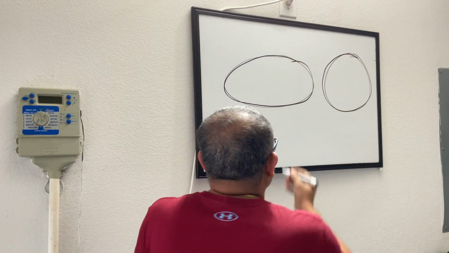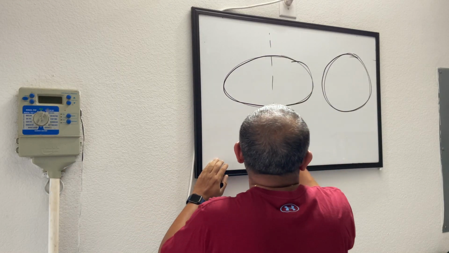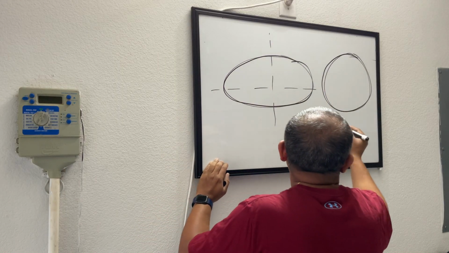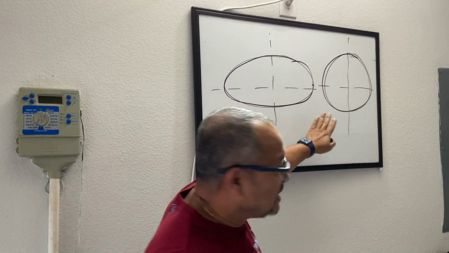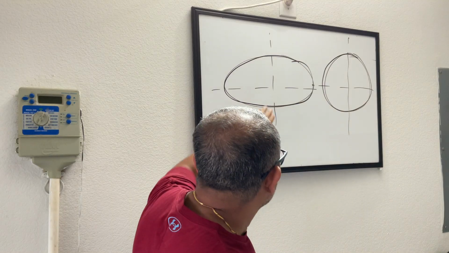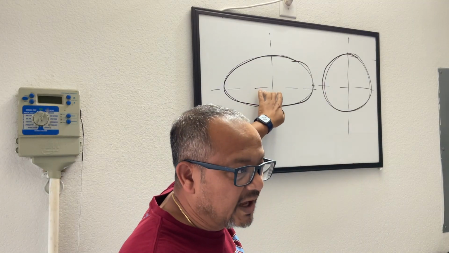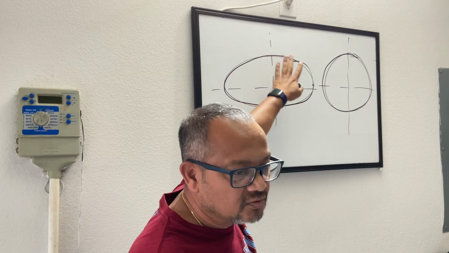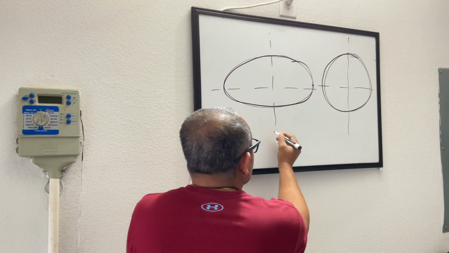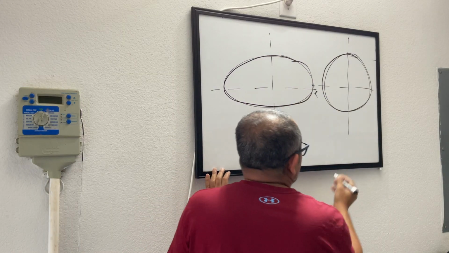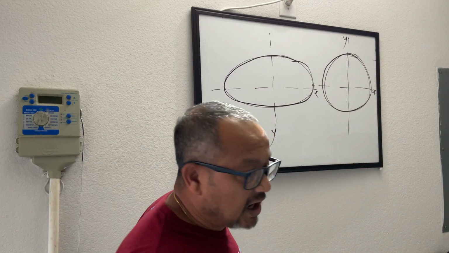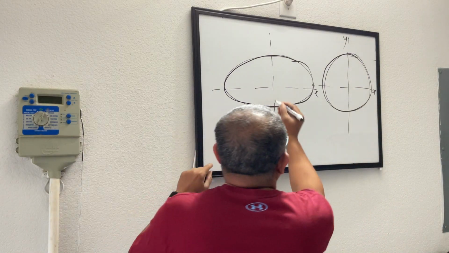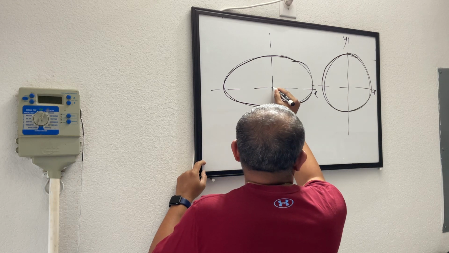Now what we are doing is we are breaking these two shapes into 4 pieces, meaning I am using this x and y axis for splitting this into 4 equal pieces. So this is my y axis, this is my x axis. Similarly, this is my x axis, this is my y axis.